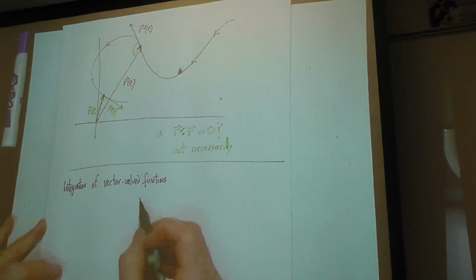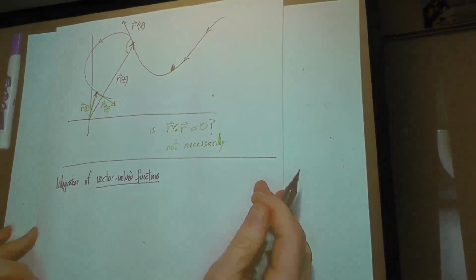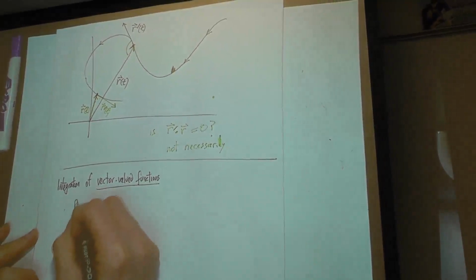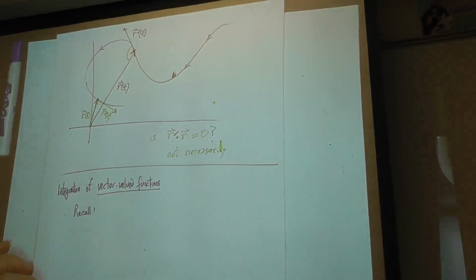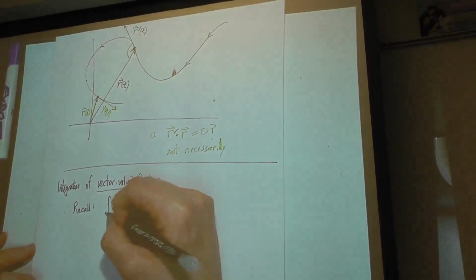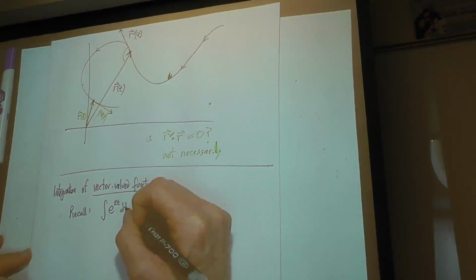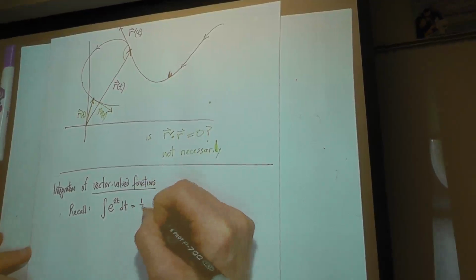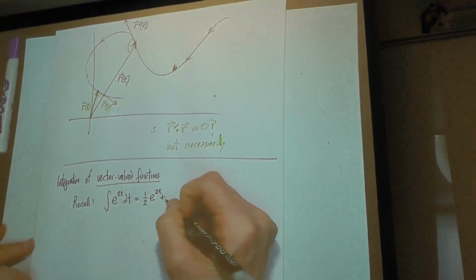So before we do integration with vector valued functions, recall: if I write the integral of e to the 2t dt, you get 1/2 e to the 2t plus a constant.